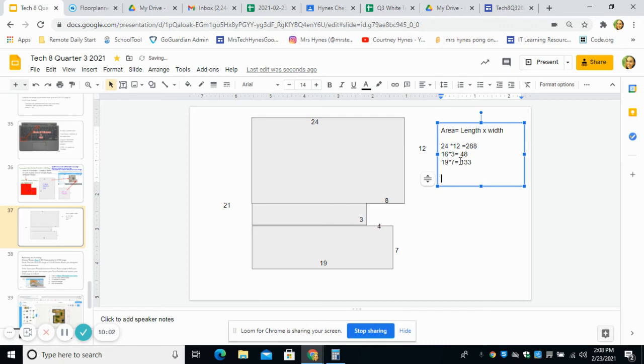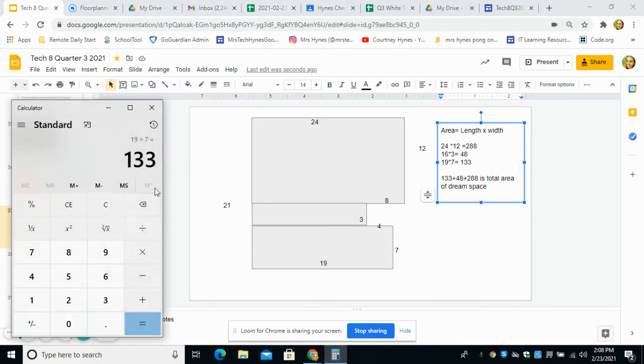I'm going to add all those together. So 133 plus 48 plus 288 is the total area of the dream space. Cool beans, 469 square feet.